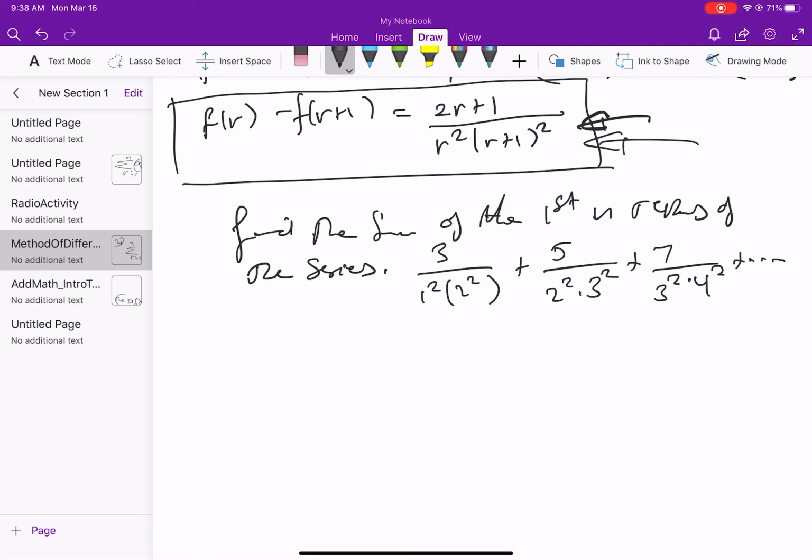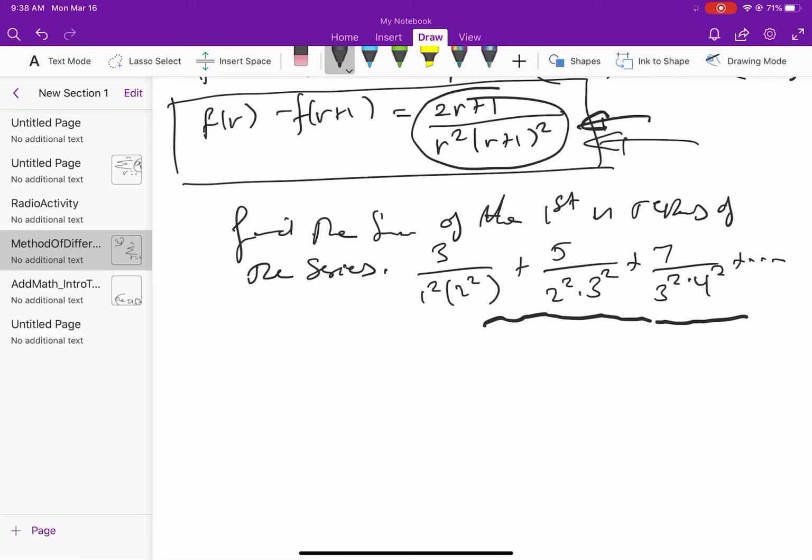If you plug in r equal 2, in the numerator you have 5, upon 2 squared times 3 squared. And let's just try the next one. R equal 3, 7 upon 3 squared times 4 squared. So it would appear as if this guy is the general term for this series.